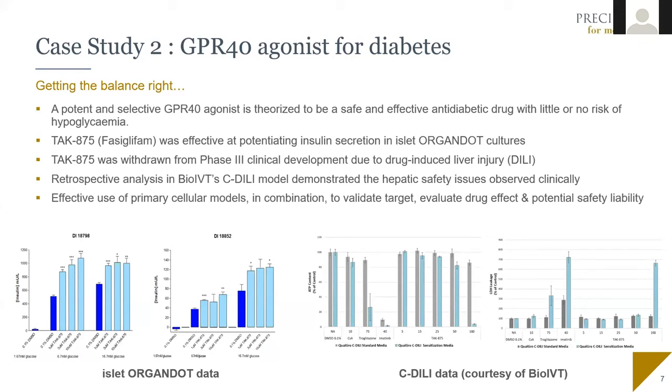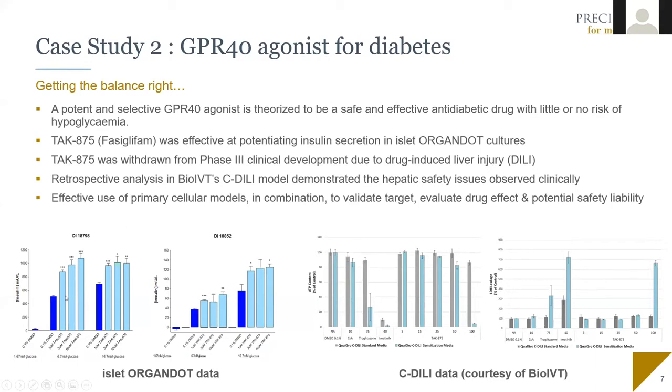So TAK-875 was their compound of choice, and certainly in our model, when we looked at this compound, if we look down at the bottom left-hand side, there's two different donors of islets here, and what we've got is increasing concentrations of the Takeda compound at 6.7 millimolar glucose and 16.7 millimolar glucose.